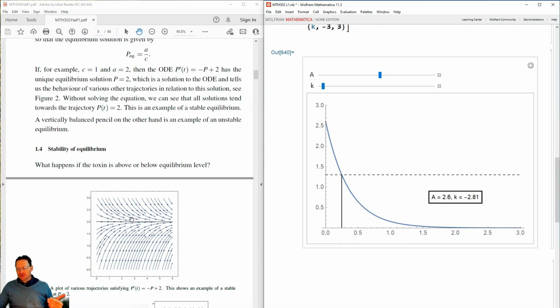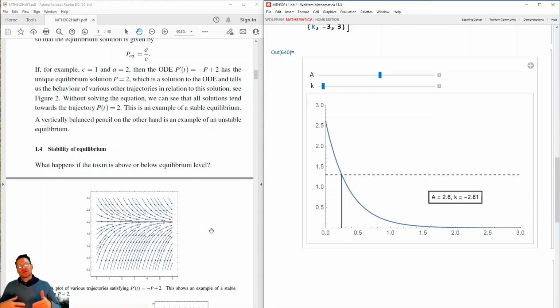And so following along here, you would tend down towards the concentration p is 2. However, if on the other hand you had an initial value of, say, when t is equal to 3, p is equal to 1/2, so roughly right in here where my mouse is, then you follow a trajectory that starts there, and you see in this case it tends up towards the concentration p is 2.